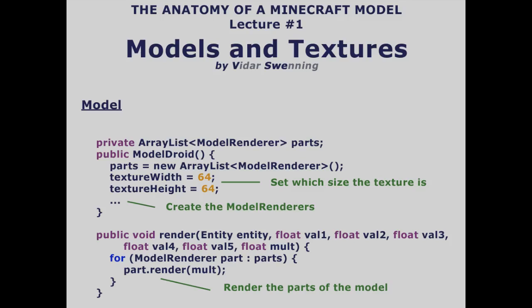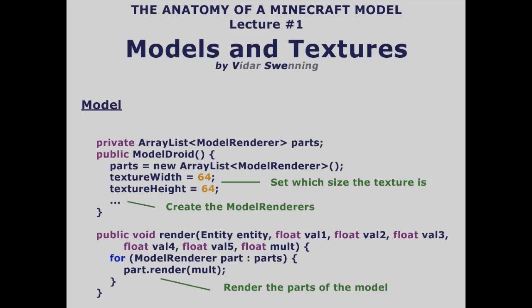Right. How do we do the model? Well, the model works like this. It consists of model renderer parts, and we want to render them all. As you can see in the render method there, I just loop through all the parts that we do have and render them with the given multiplication value, so we get them at the correct size. And if we have a texture which is not the default size, then we set so in the beginning, texture width equals 64 and texture height equals 64.